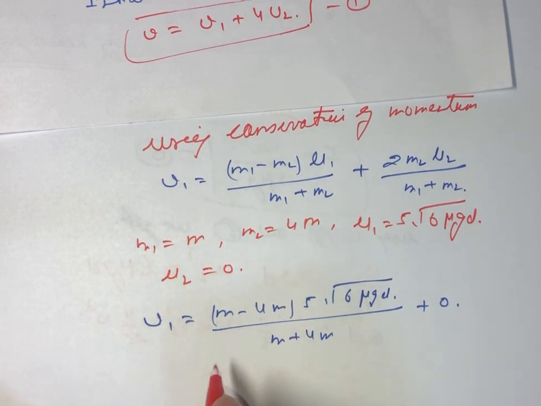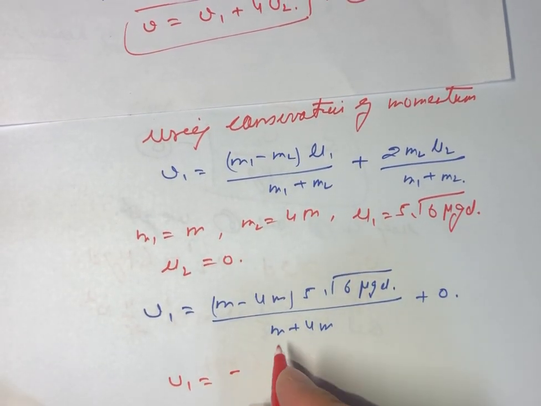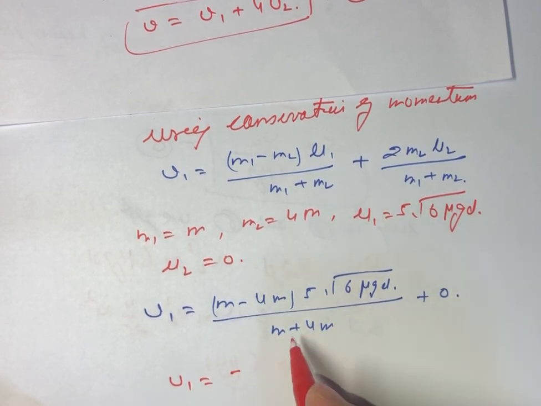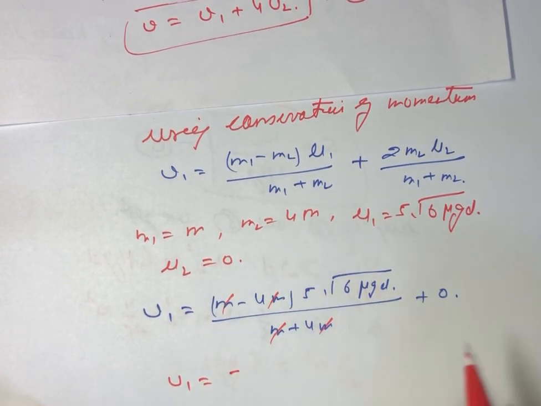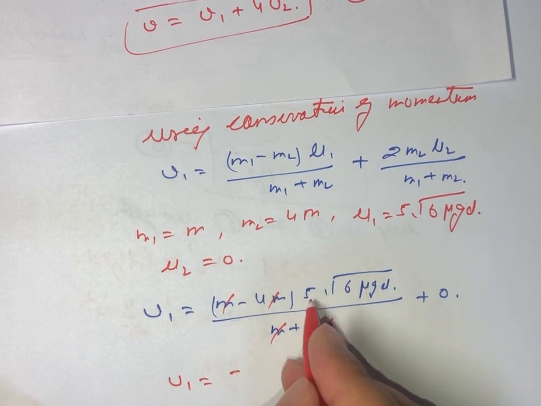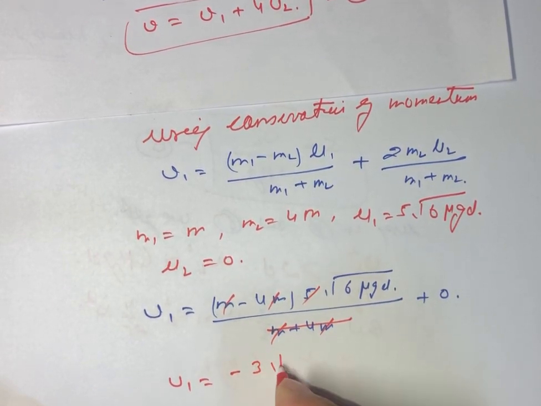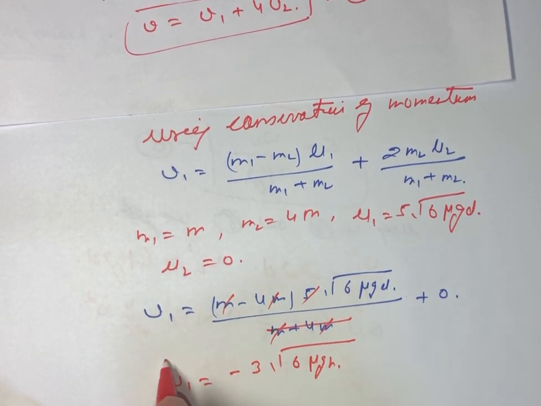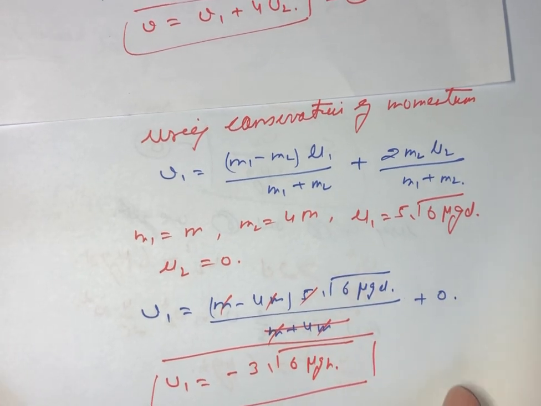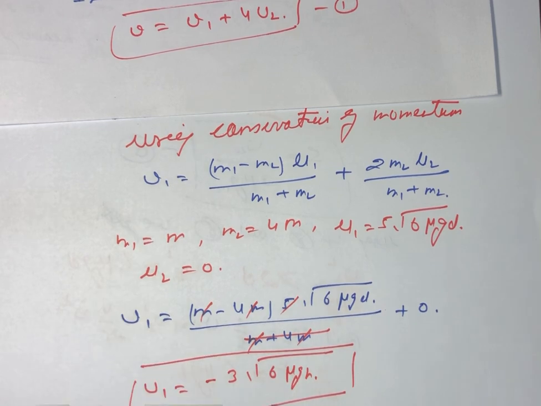The m and m cancel out, so we get 1 minus 4, that is 3, and the 5 cancels out, so we get v1 equal to minus 3 square root of 6 mu gd. So the negative sign obviously tells that it will be traveling in the opposite direction.